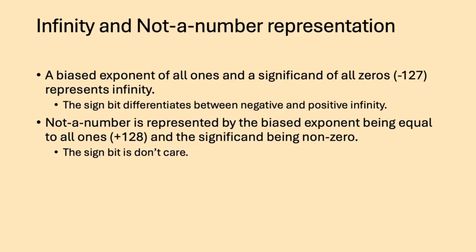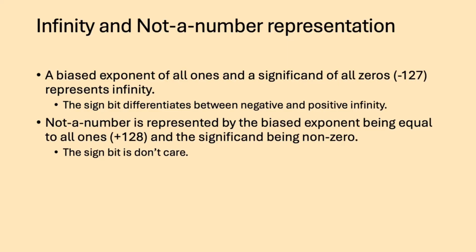The way the standard conveys not a number and infinity numbers to us is by using the bias value. If the exponent has an all ones value, then it represents infinity. If the sign bit is negative, it represents minus infinity, and if the most significant bit is a 0, then it represents positive infinity.